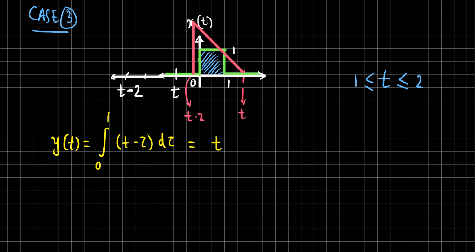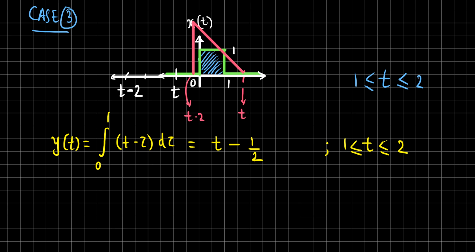You can see that is going to be t minus half. So this is valid only for t between 1 to 2. Very simple here, because the overlap exists between 0 to 1, so the integration limits are between 0 to 1.